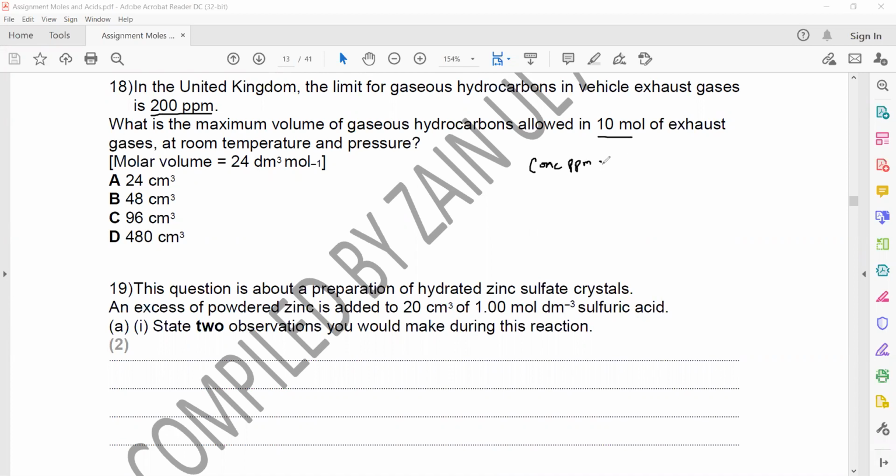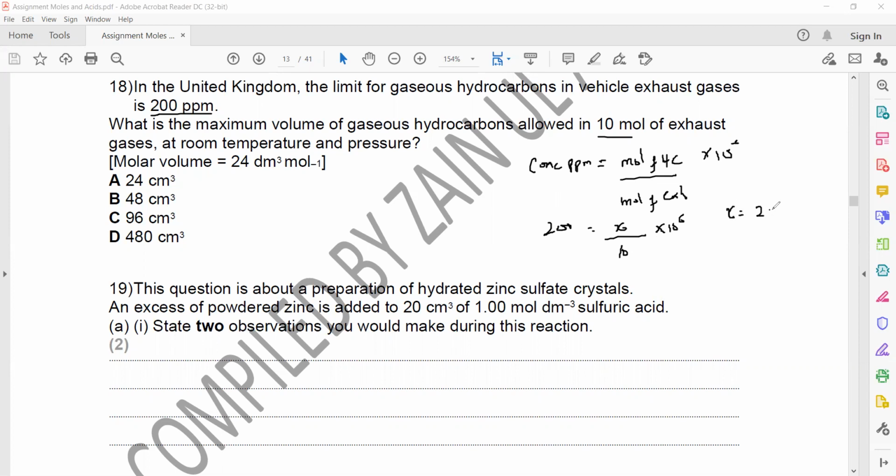Because moles are given, it will be moles of hydrocarbon, I'm writing in short HC, divided by moles of exhaust gas into 1 million. So concentration is 200. Moles of hydrocarbon we don't know. Moles of exhaust gas is 10 into 1 million. So we'll find x here.